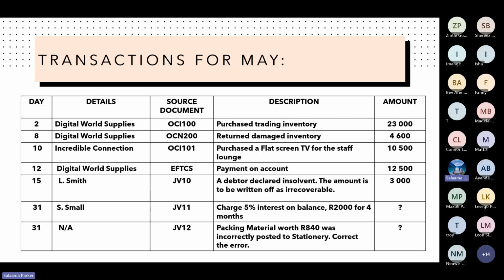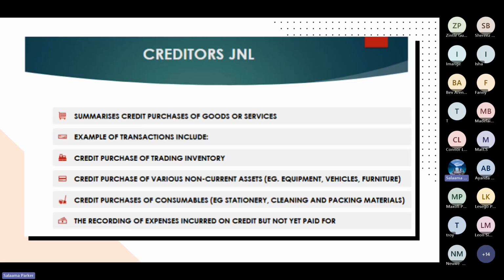Okay, so those are our different transactions. Just again, a summary to summarize. What transactions do we record in our creditors journal? Anything that we're purchasing on credit. Okay, but we don't only purchase trading inventory on credit. We can also purchase non-current assets like equipment, vehicles, and furniture, as well as consumables, right?